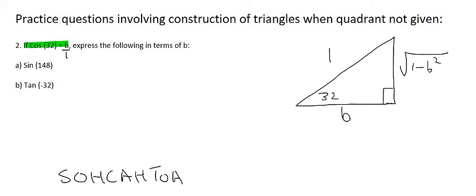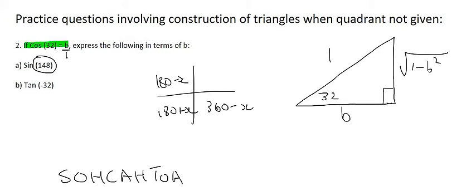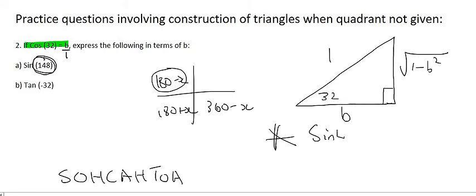Now we can start the questions. So have a look here, sin 148. I'm hoping by now you guys are starting to realize that that needs to be reduced first. So sin 148, well, let me first do a little CAST diagram. So this is 180 minus x, this is 180 plus x, 360 minus x. And so 148 would be somewhere in this quadrant because it's between 90 and 180. And so I'm going to move it over to here. So sin 148 must be rewritten in this kind of format.